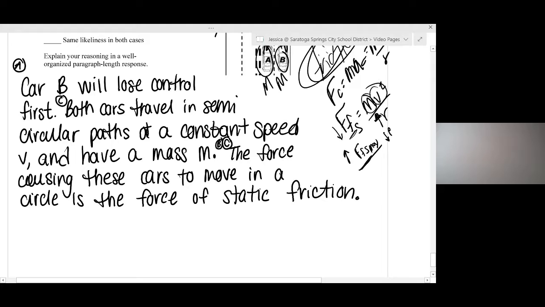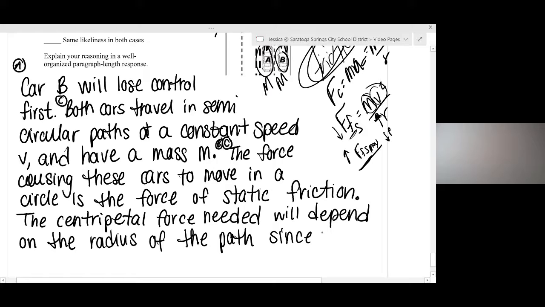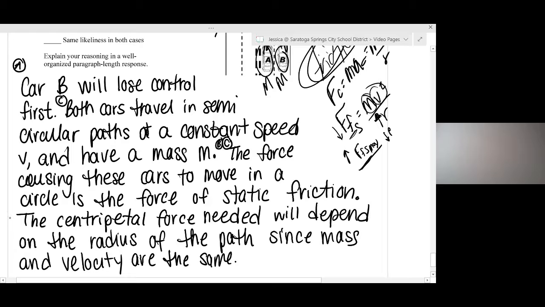So we can say something like the centripetal force needed will depend on the radius of the path, since mass and velocity are the same. So again, a little bit of B and a little bit of C.